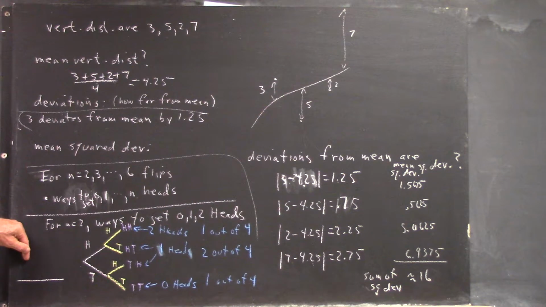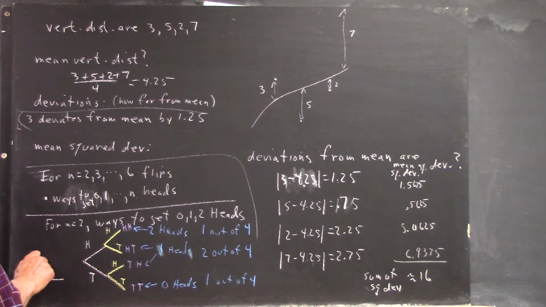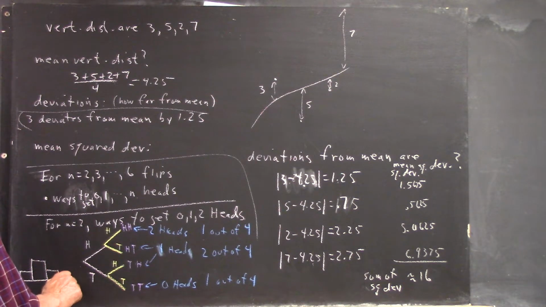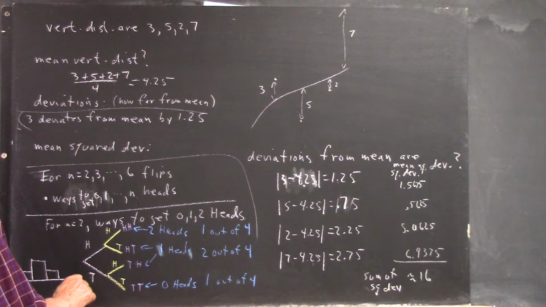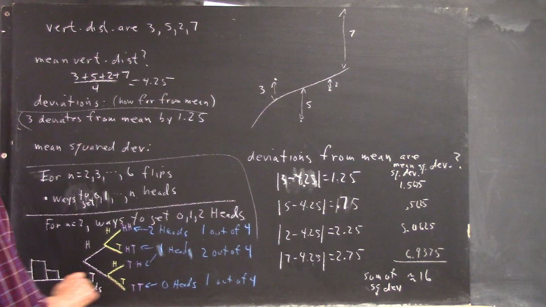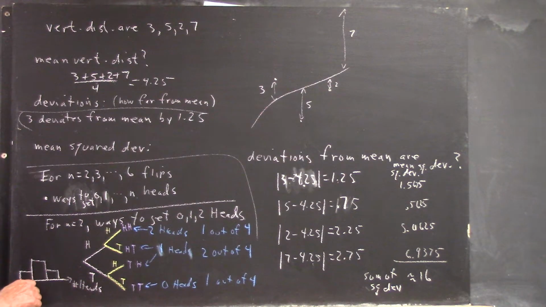Okay, so we could do a histogram. The number of heads is on this axis, 0, 1, or 2.